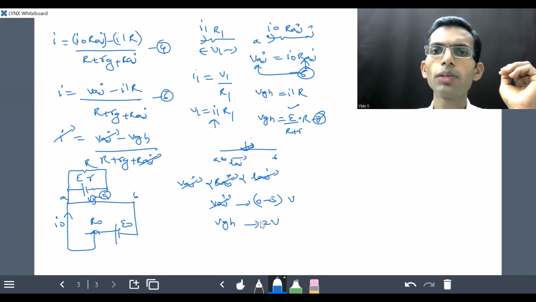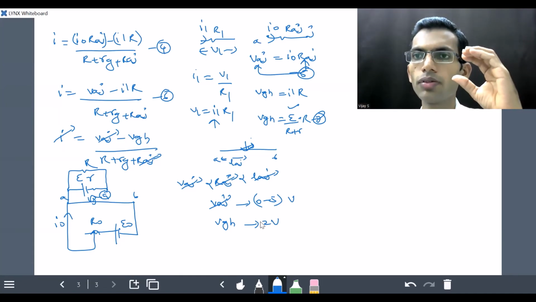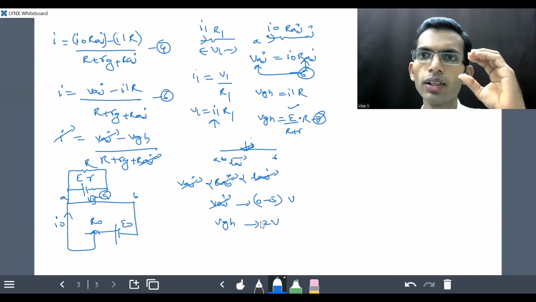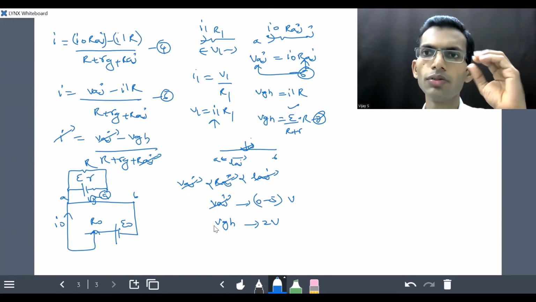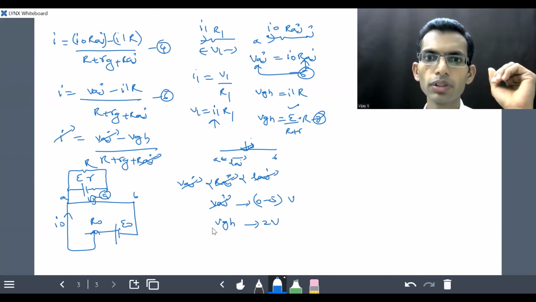Clear? So that means for a particular position of the moving contact, VAJ becomes equal to VGH. When they become equal, what happens?